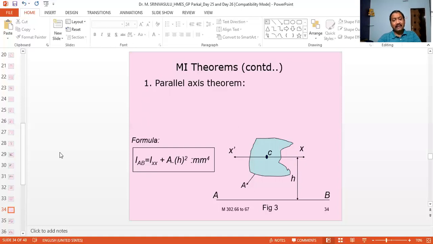So I_AB is equal to I_XX plus A into H square. Here I_AB means the moment of inertia about the AB axis, I_XX means the moment of inertia about the central axis XX, and H is the distance between the two axes.